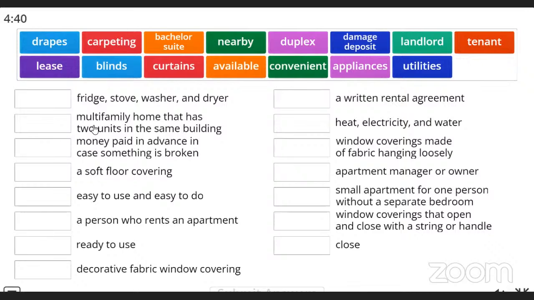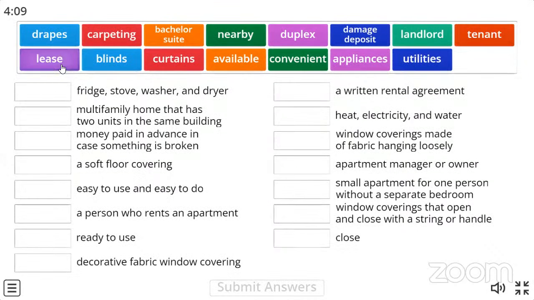Where do we find the fridge, the stove, the washer, and the dryer? Or the refrigerator, the dishwasher, and the dryer, and the stove. What do you think that is? Curtain.